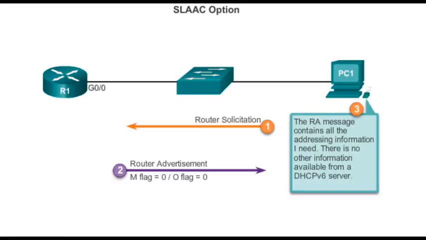This means that the RA message will contain all the addressing information the client needs to generate its own address, and there is no other information available from a DHCP server. So it will use the prefix and generate its interface ID using EUI-64 or a randomly generated value. We can configure these parameters manually in the command line.